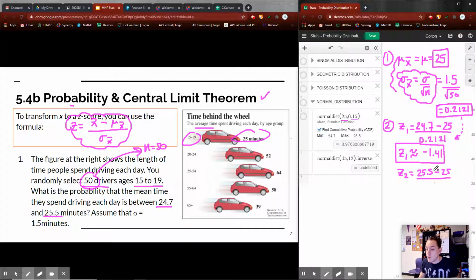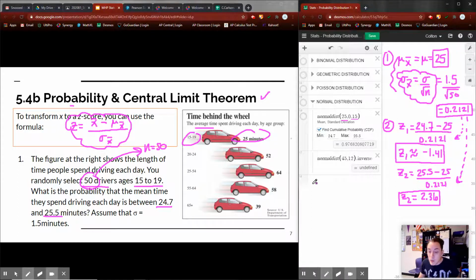And then all over, again, the standard deviation of my sample mean, which is 0.2121. What does z2 equal? When I simplify all this and I plug in the calculator, I get 2.36. This is my second z-score. That's my second step.